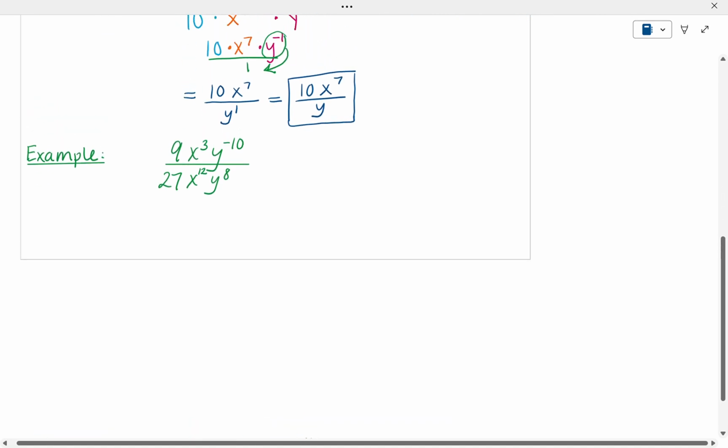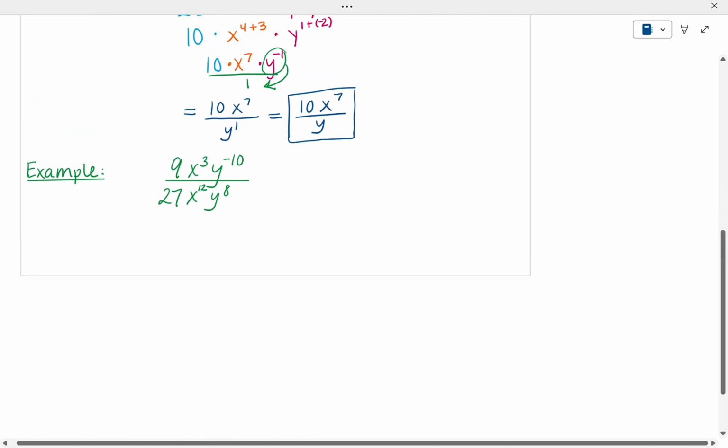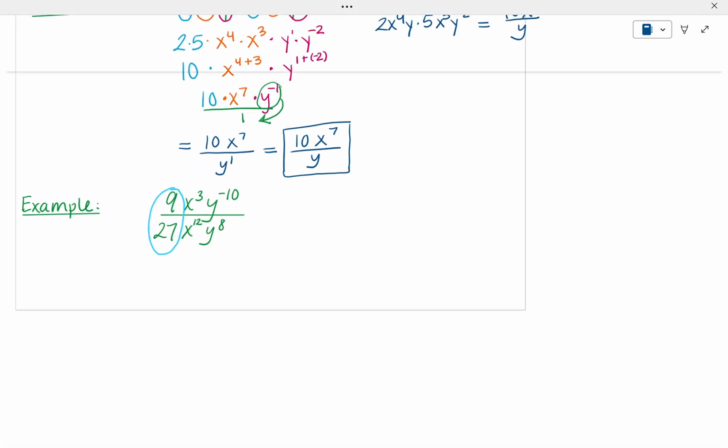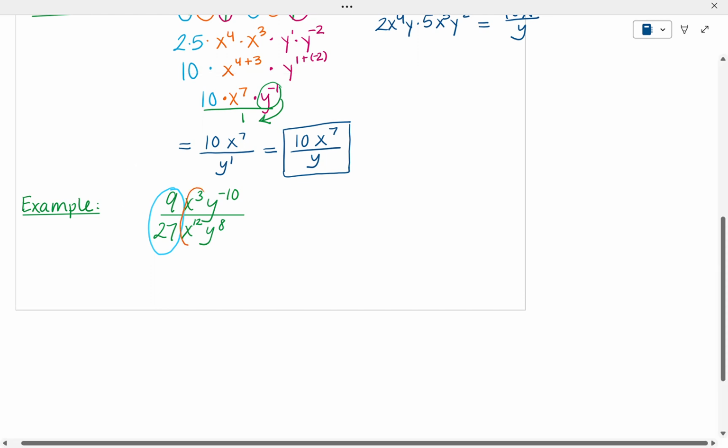All right, so for this expression, let's identify the x terms, y terms, and the constant terms. So we have the constants here. We have the x's here.